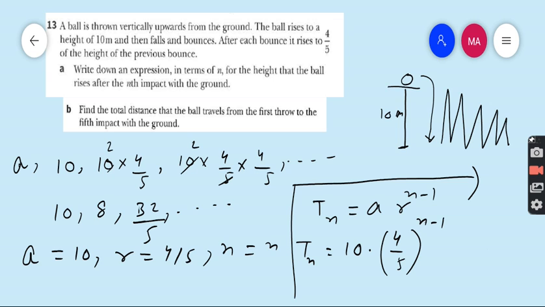So for n equals 1, that is the first term we can achieve. 1 minus 1 is 0, so 4 upon 5 to the power 0 is 1, that is 10. For the second term, 4 upon 5 to the power 2 minus 1, 2 minus 1 is 1. So the second term would be 8. Okay.